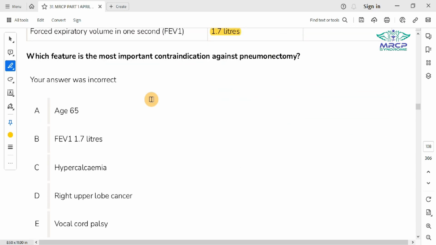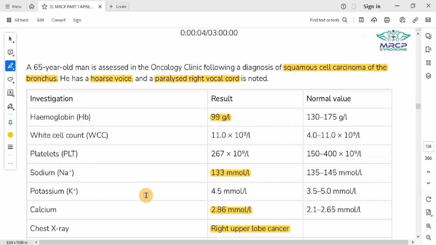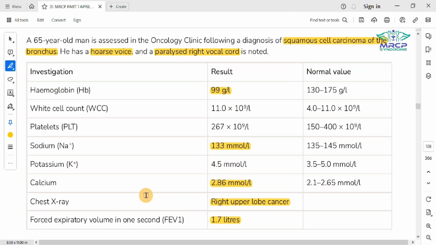Next. Which feature is the most important contraindication against pneumonectomy? Age 65, FEV1 1.7 liters, hypercalcemia, right upper lobe cancer, vocal cord palsy. A 65-year-old man is assessed in an oncology clinic following a diagnosis of squamous cell carcinoma of the bronchus.